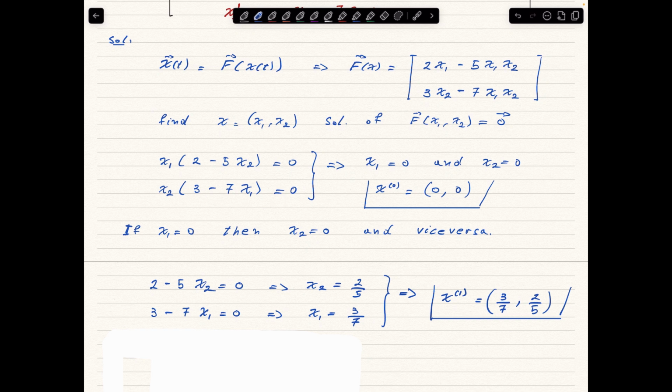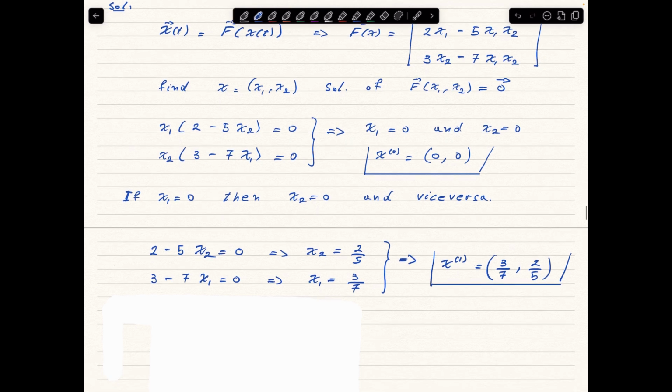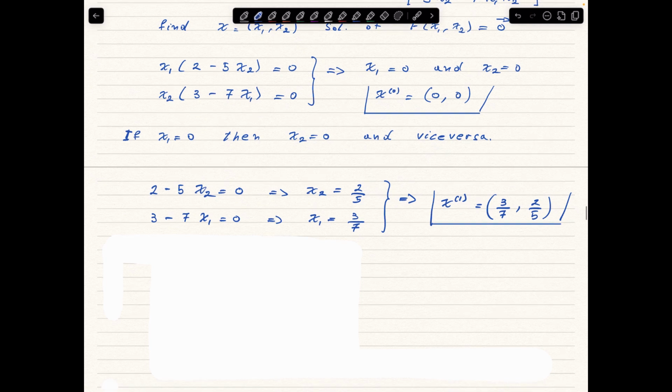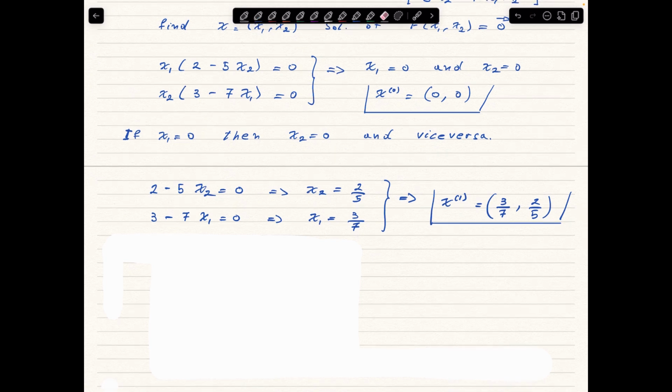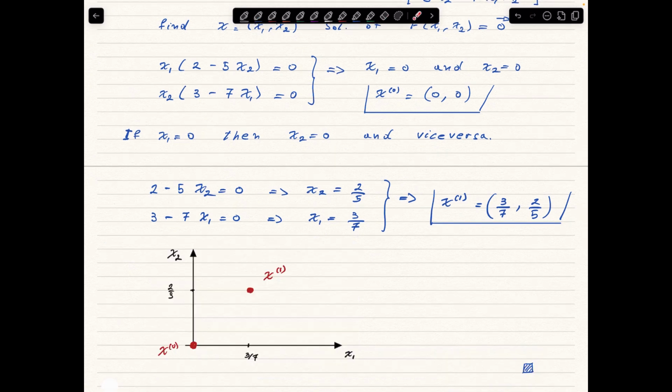So we can draw these solutions in the plane x1, x2, and here is the result. The equilibrium solution 0, 0, and the equilibrium solution x1 somewhere here at the point... actually, this is incorrect. 2/5, 3/7.